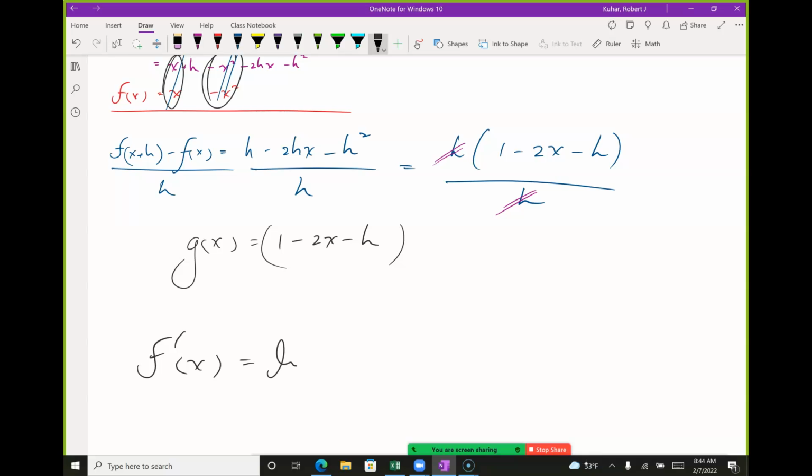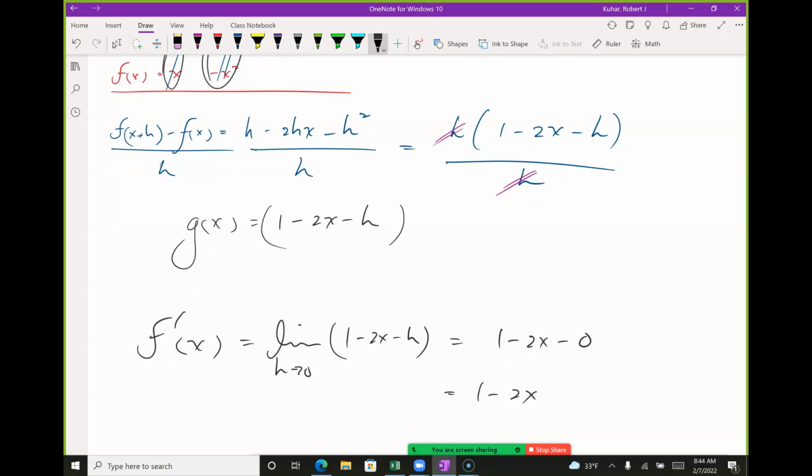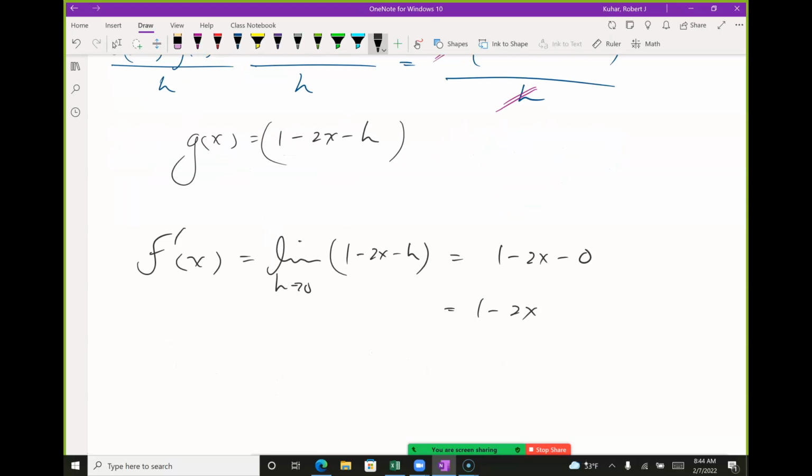And so I've got the limit of 1 minus 2x minus h, right, as h goes to 0, which is 1 minus 2x minus 0. I'm thinking that eventually you can stop putting that 0 in and just go right to the derivative, right? So there it is. So f prime of x is 1 minus 2x, which is what our shortcut said, right?